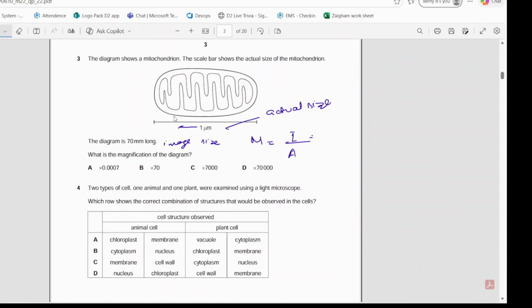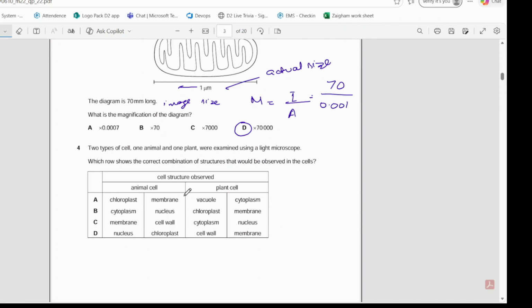Divide this. So it would be 0.001. Answer is 70,000.